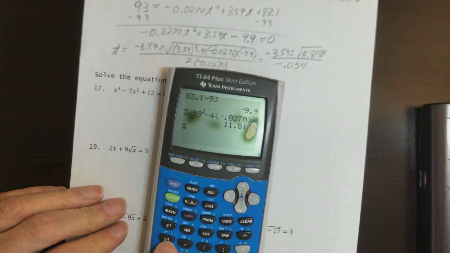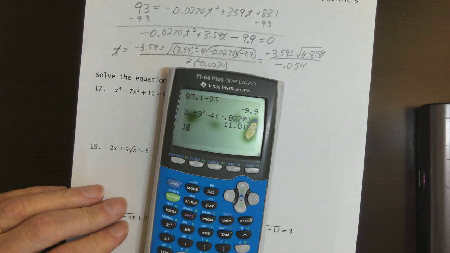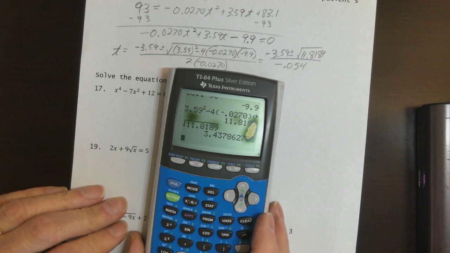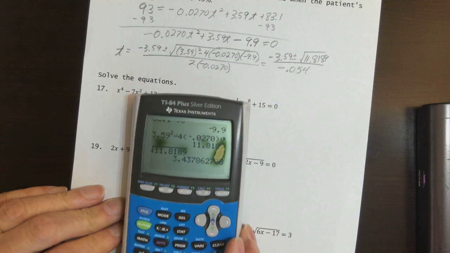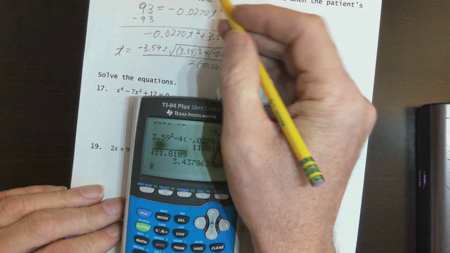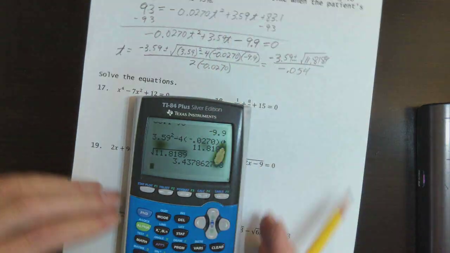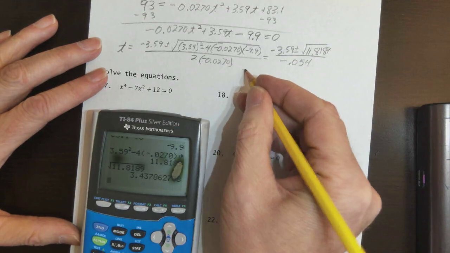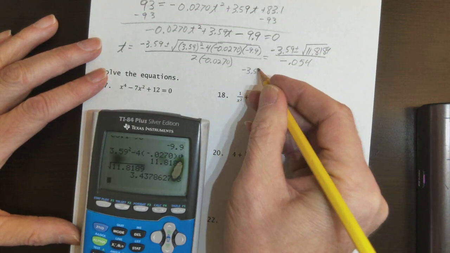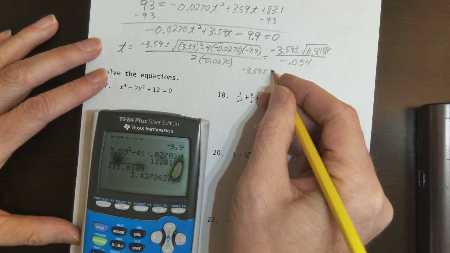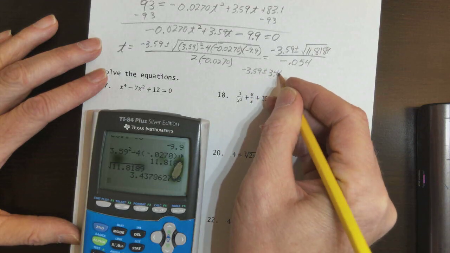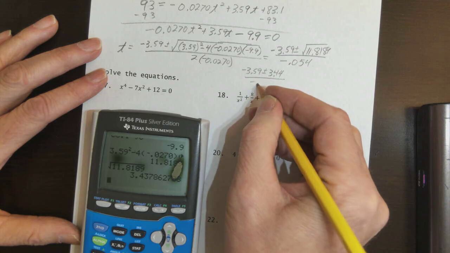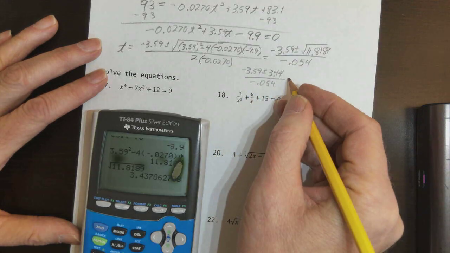Okay, I need the square root of 11.8189. This is going 2 decimals. That's how far I'll go with this rounding. Negative 3.59 plus or minus 3.44 over negative 0.054.